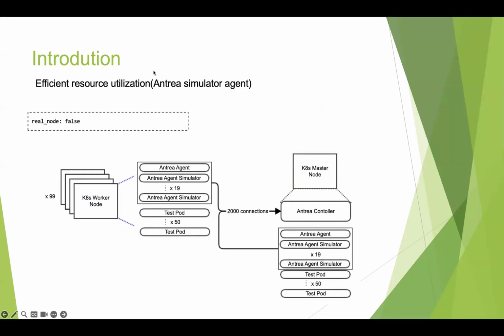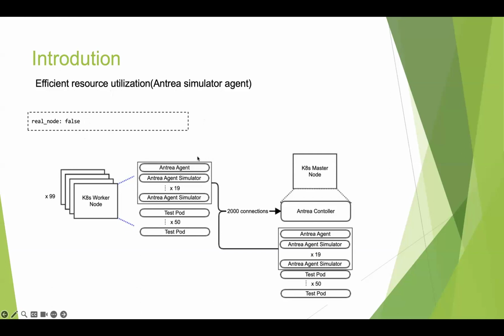If we want to test the performance of the controller with very limited node resources, we can use the real node parameter. Once we disable this parameter, the system will use simulated control agents.